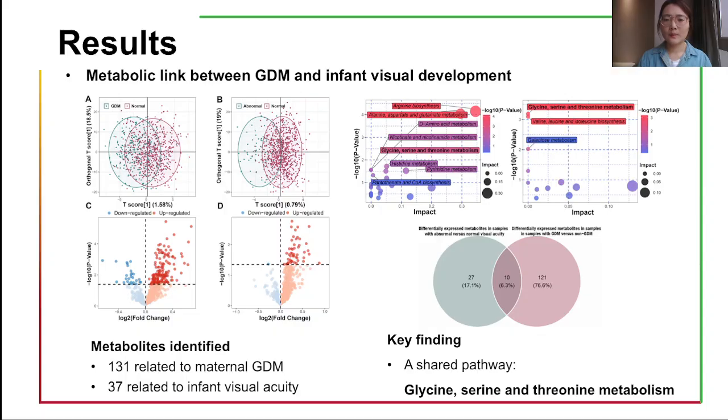In the metabolomic analysis, we identified distinct metabolic profiles associated with both GDM and infant visual acuity. In particular, pathways related to glycine, serine, and sodium metabolism were involved in both conditions, suggesting a potential biological link.